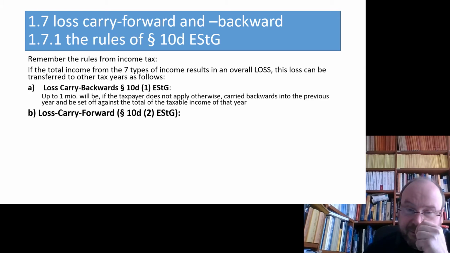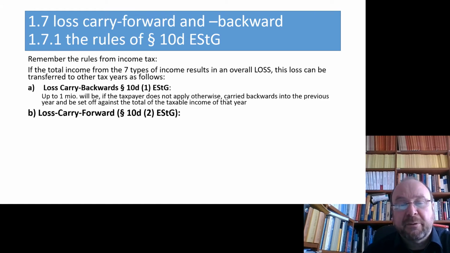The loss carry forward can be chosen for every loss which you could not carry backward. And what I should still mention is there might be situations where a loss carry backward is not so attractive for you. So for the loss carry backward, you have an option to limit it or even to renounce it.